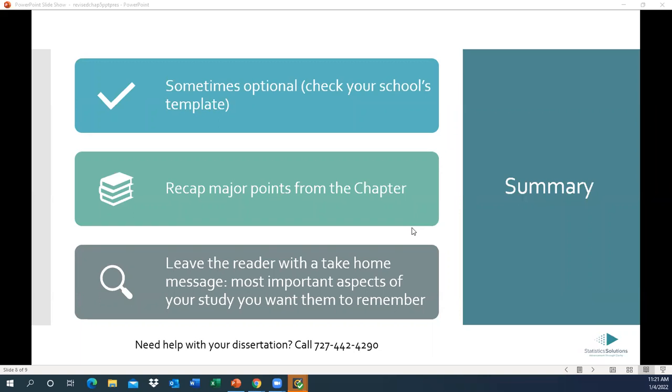So like a standard summary, just recap major points from the chapter, but also because it is the end of your dissertation, leave the reader with a take-home message. That means: what are the most important insights, findings, or points about your study that you want the reader to remember, on a strong positive note, and sell your findings, right?